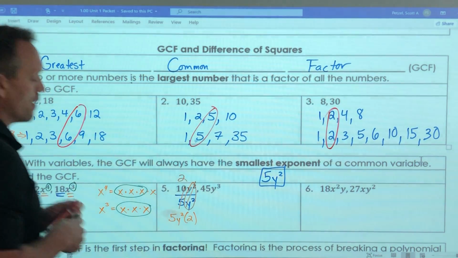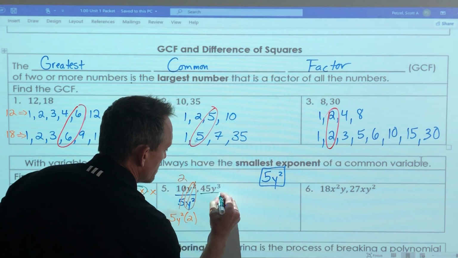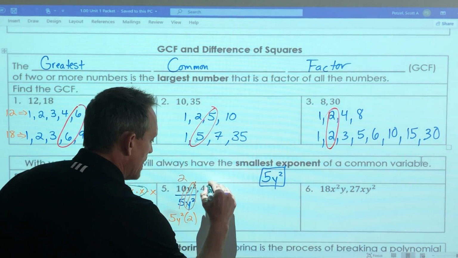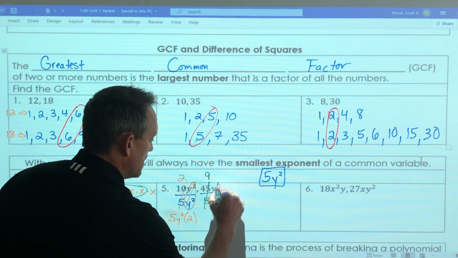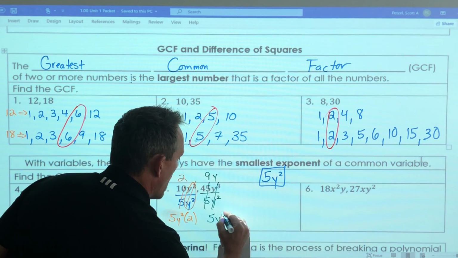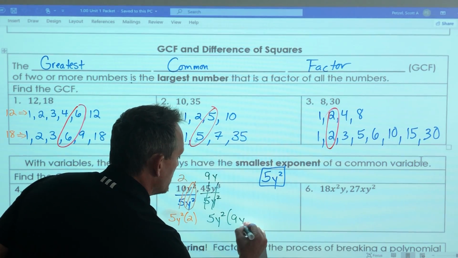So if I do it on the other side, 5y squared, then that would cancel to 9, and this would be left with y. So now I have 5y squared and 9y.